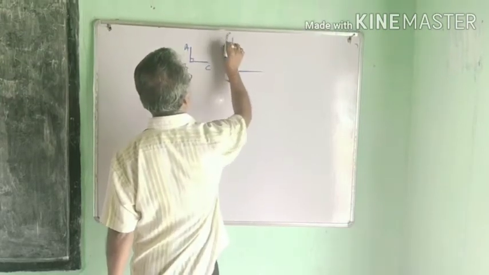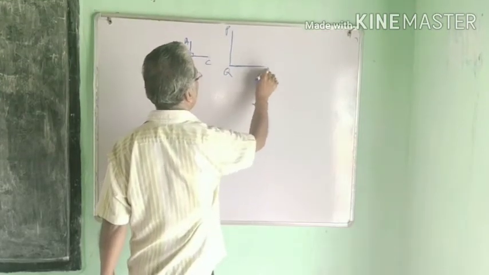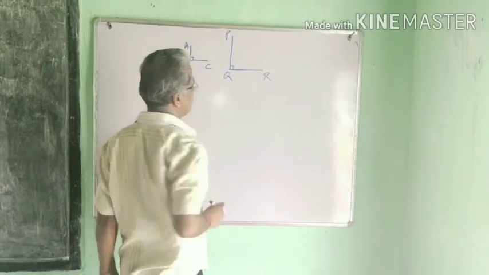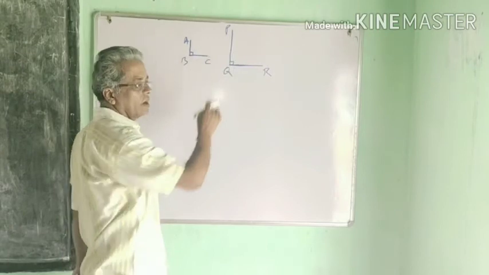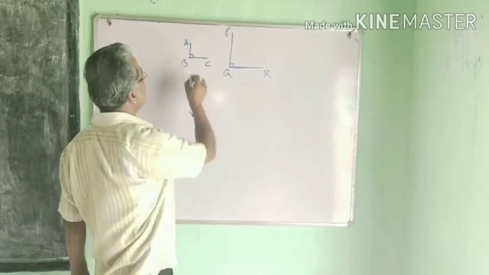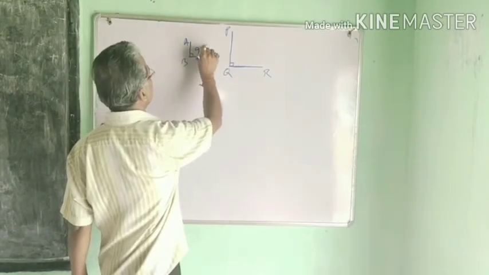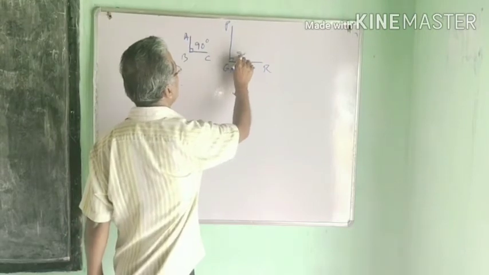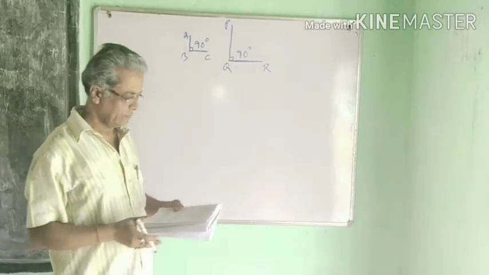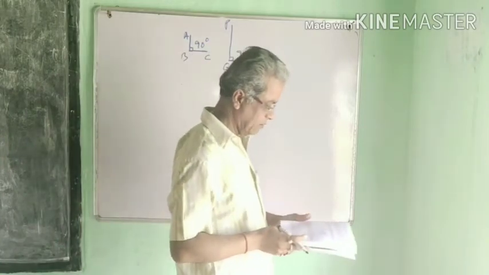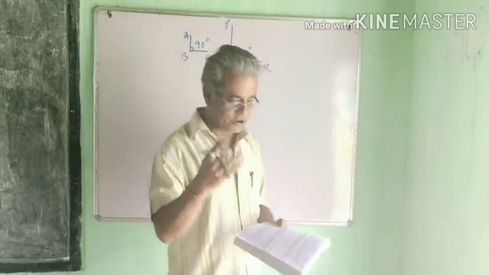Here is another angle. It is also 90 degree. So both are equal, as because both are measuring 90 degrees. All right angles are equal.